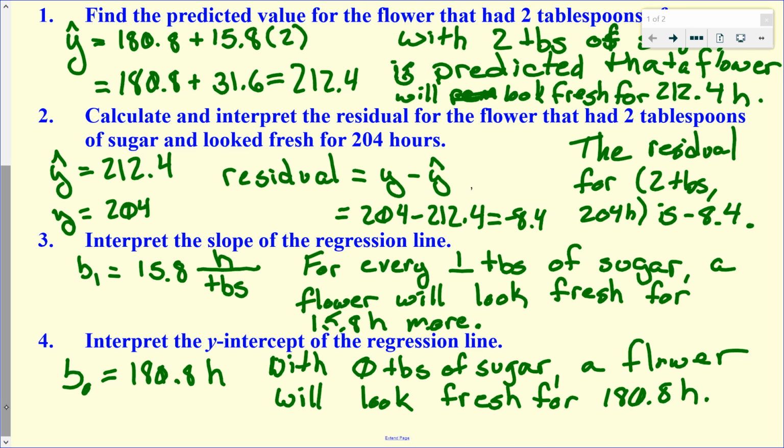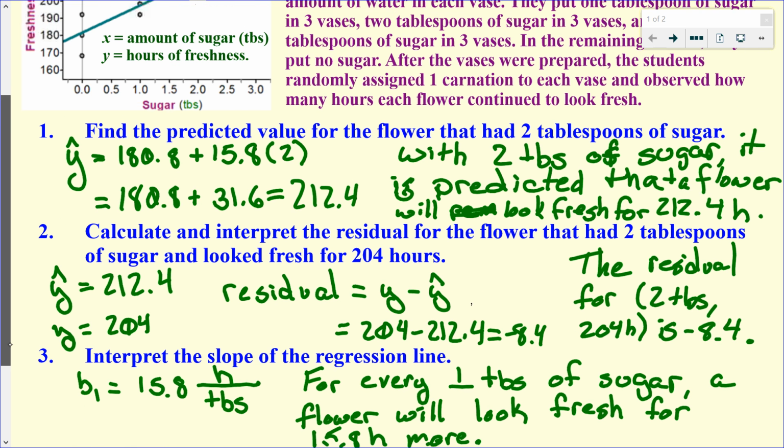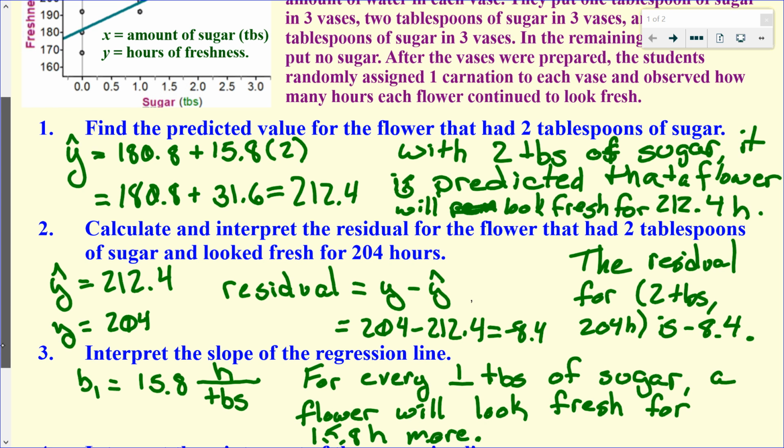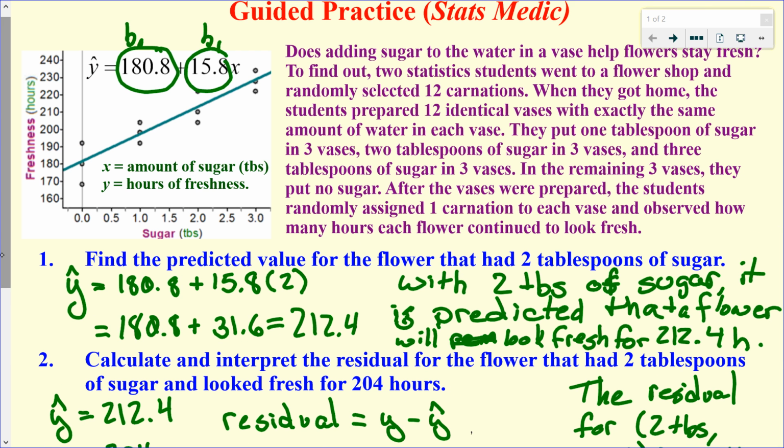Now, we need to check to see, as we talked before, that the B naught, our initial value, or y-intercept, is often insignificant because it either doesn't make any sense for the context or lies outside of the range. Now, in terms of adding 0 sugar to a vase of water, that's a perfectly viable option in this experiment. So it does make sense for the scenario. However, we need to check to see if it's outside the range. Now, when we look at our min and max value on our scatter plot, we see that the min is 0 tablespoons of sugar, and the max is 3 tablespoons of sugar.